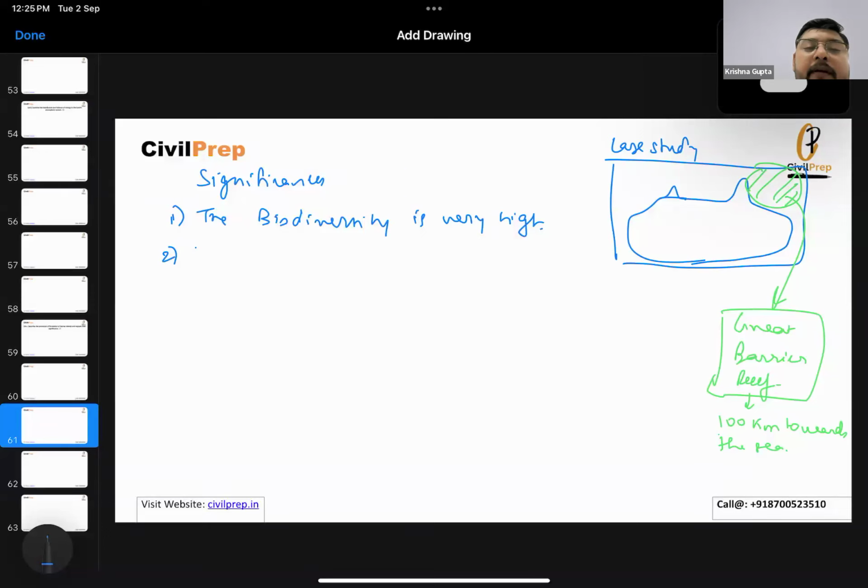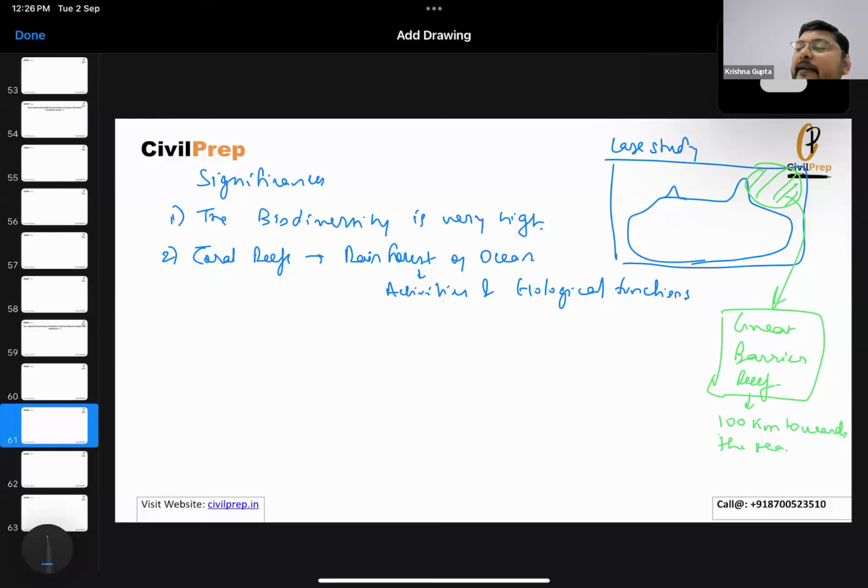Number two, as we see, the coral reefs are said to be the rainforest of ocean. So therefore, various activities and ecological functions are performed in the region. Third thing we'll be seeing here, they are acting as carbon sequestration.